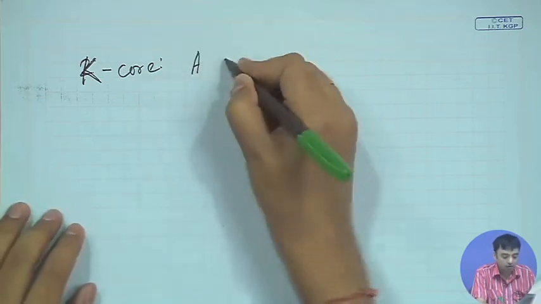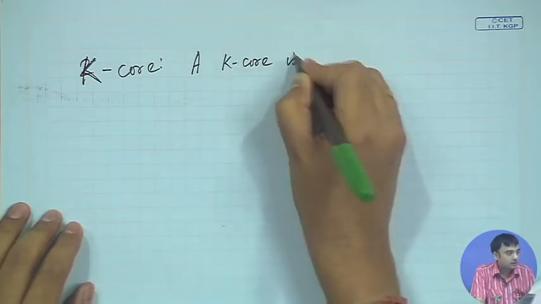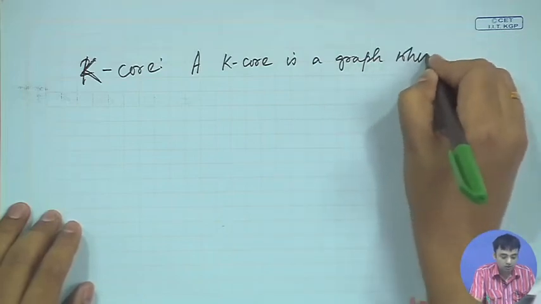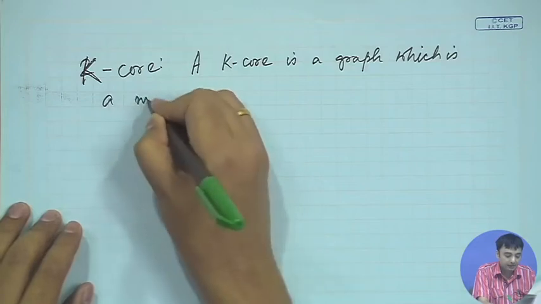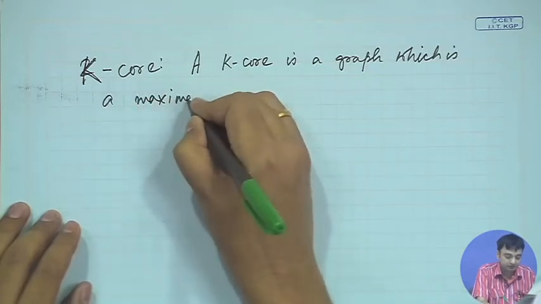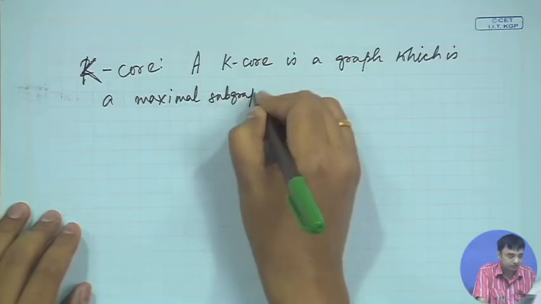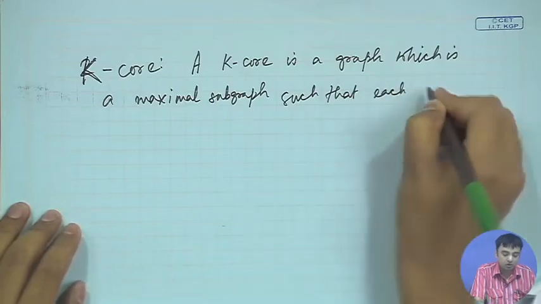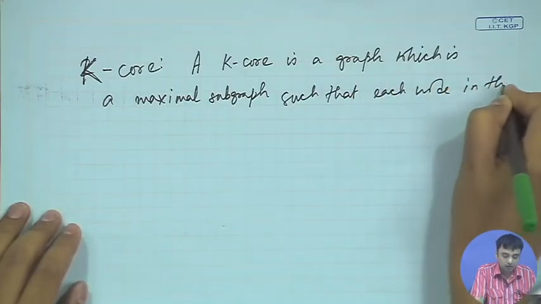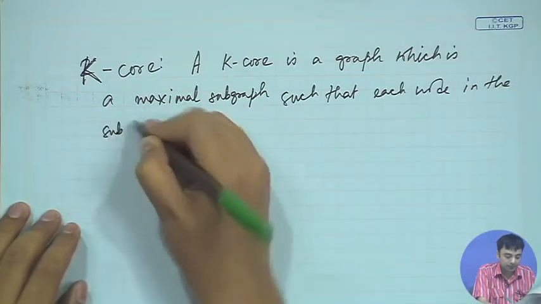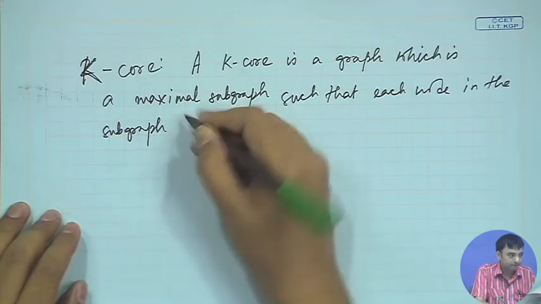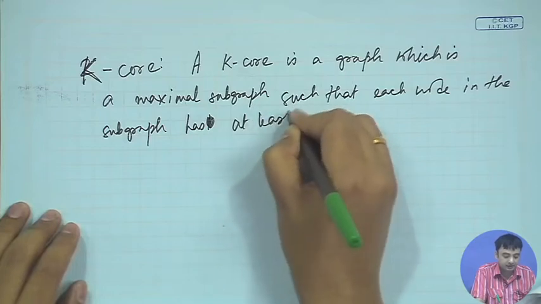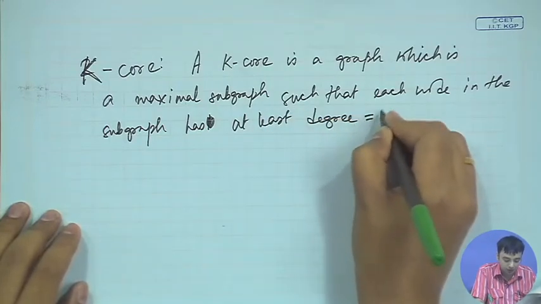A K core is a maximal subgraph such that each node in the subgraph has at least degree equal to k.